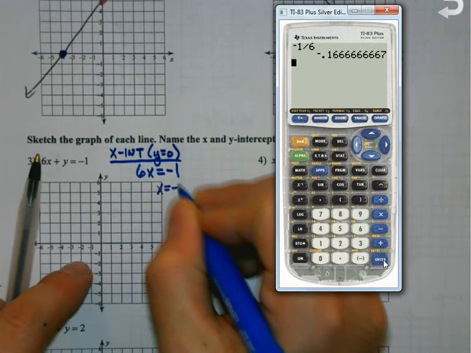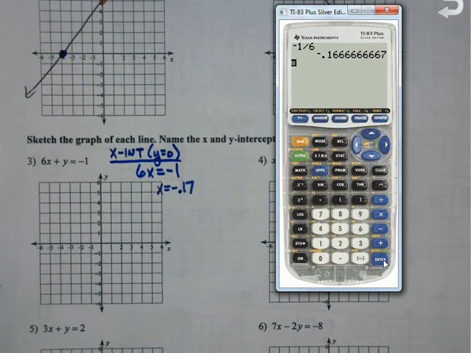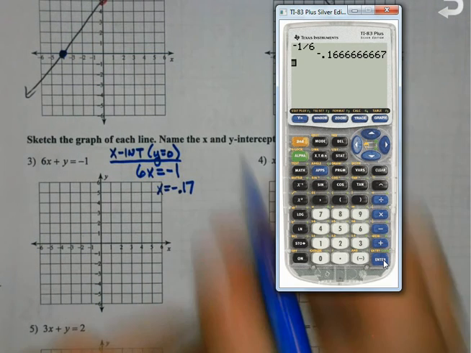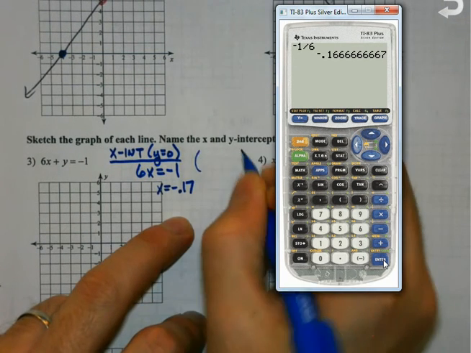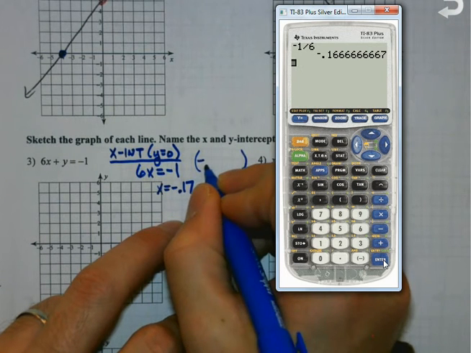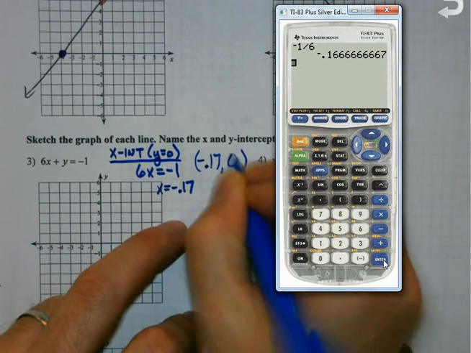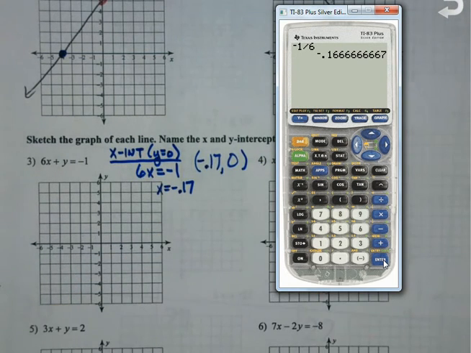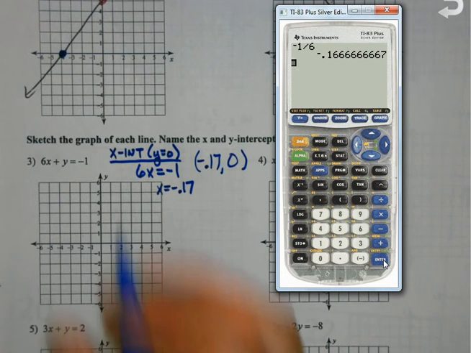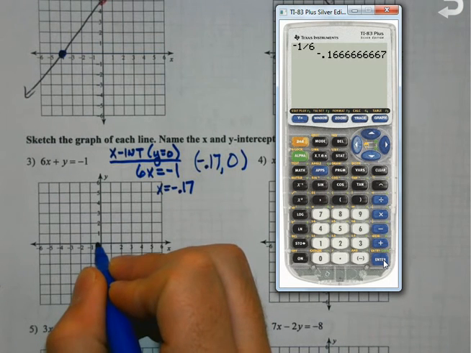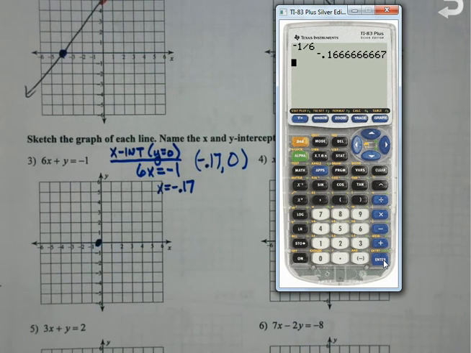Like negative 0.17, you know? What am I supposed to do here? Well, I remember with this that my x is the decimal in this case, and the y is 0. So you're like, negative 0.17, that's a really little number. It just means I'm barely to the left of 0, and I'm going to put a point there.